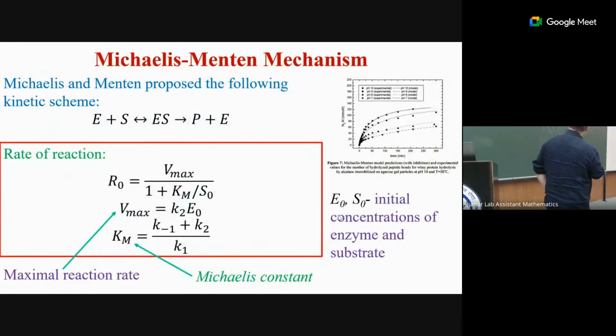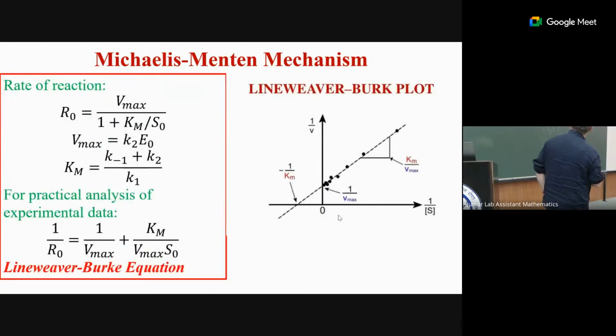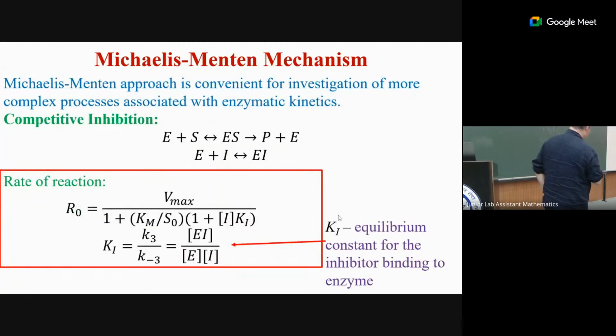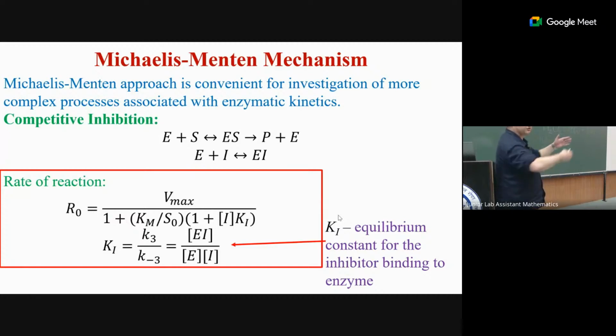So this is the original, right? The original simple comparison method. This is the competitive one. You can see that if you increase this to infinity, your maximal speed is still the max, because the whole thing will go away. That's the reason in competitive inhibition you eventually reach the same final point.